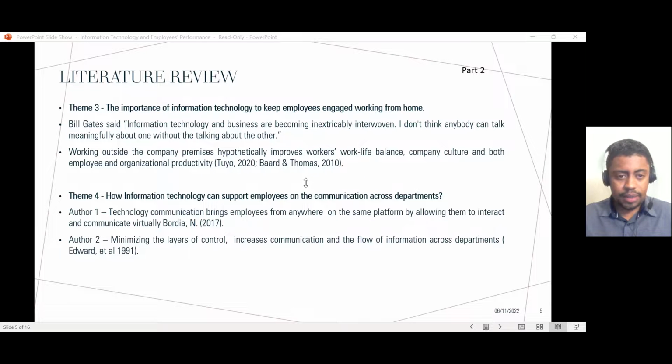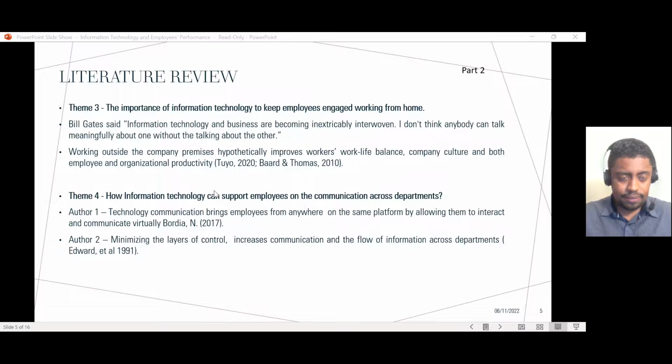The literature review also supports that working outside of the company premises hypothetically improves workers' work-life balance, company cultures, and both employees' and organizational productivity.